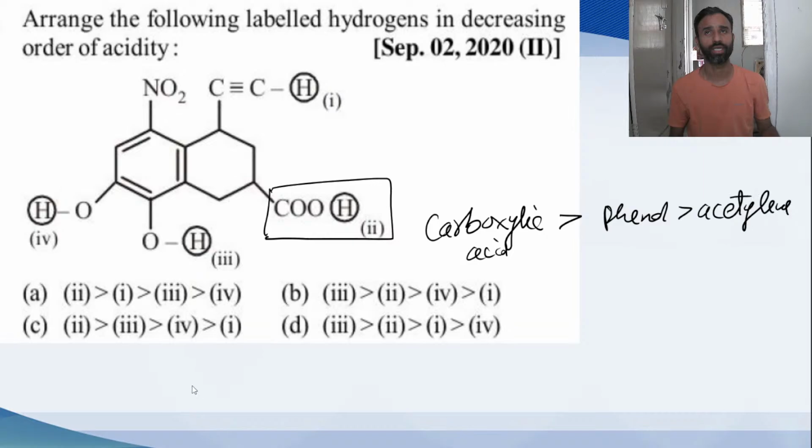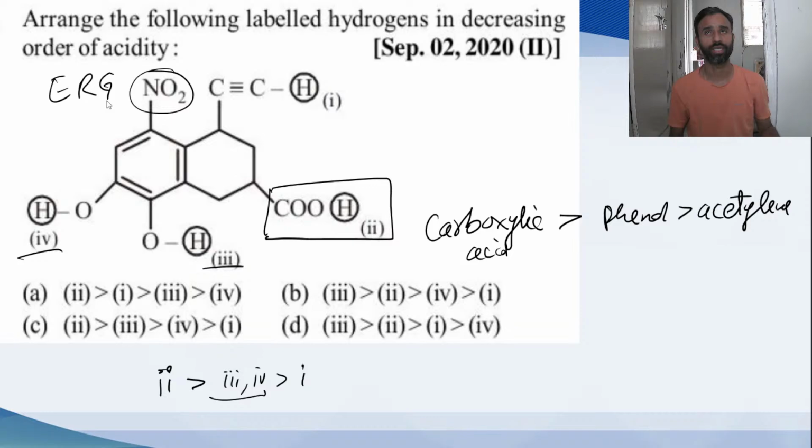That means second is most reactive. Then come to third and fourth, and then first. Now out of third and fourth, NO2 is an electron withdrawing group.